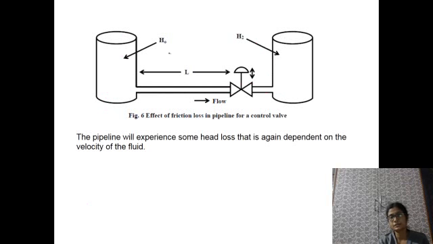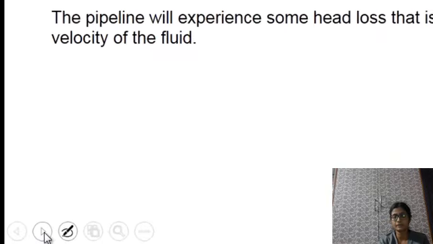So the pressure head difference, H0 and H2 difference, is considered as a constant. The length of this side is L. Now the pipeline will experience some head loss that is again dependent on the velocity of the fluid. So this is the real system problem, that it will experience some head loss due to the velocity of fluid. So that should be considered, or that will affect the flow characteristics.